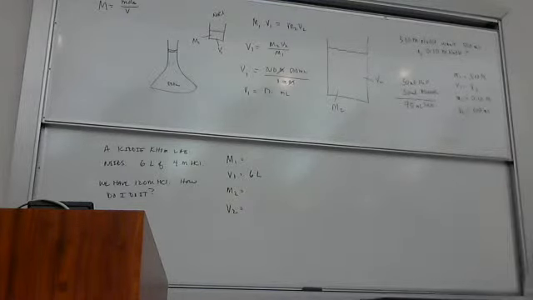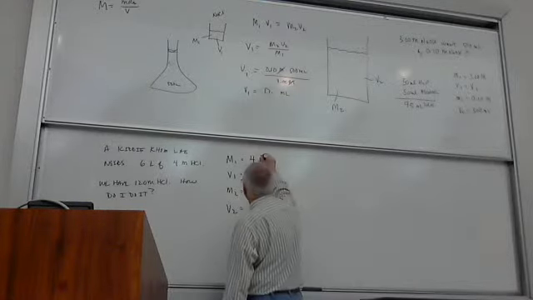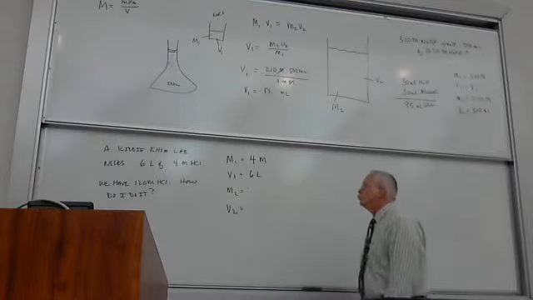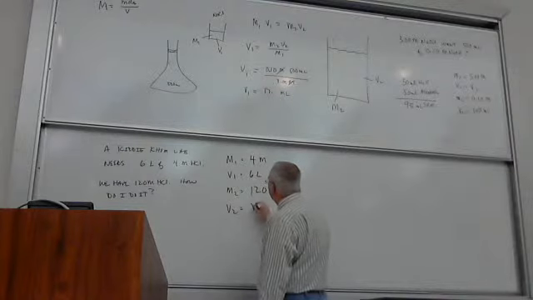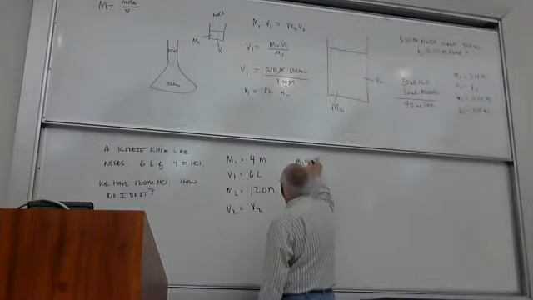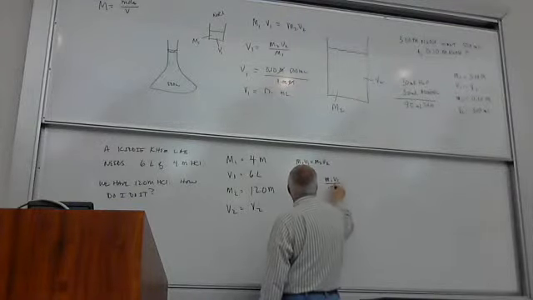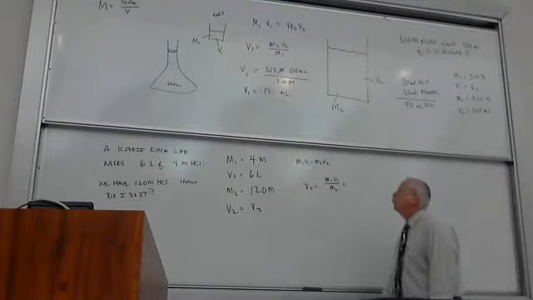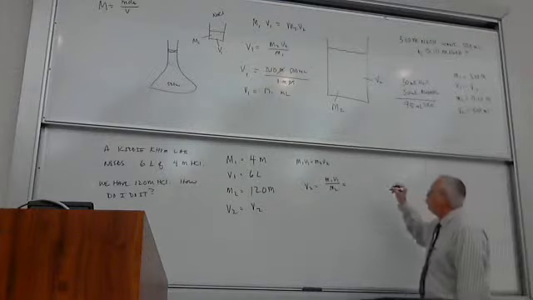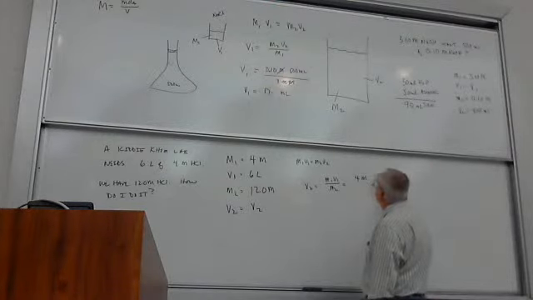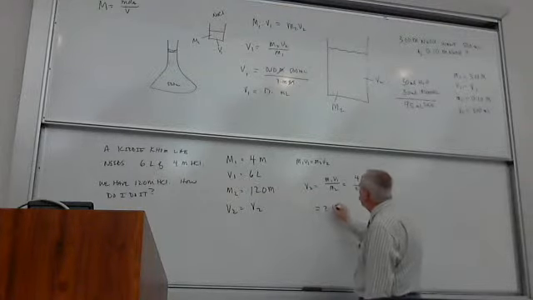Concentration. M1 or M2? Doesn't matter. Yep, gotta be M1. We have 12 molar HCl, M2. So I'm looking for V2. So M1 V1 is equal to M2 V2. So V2 must be equal to M1 V1 over M2. Can I put in the numbers? Yes. M1 is 4 molar, V1 is 6 liters, over 12 molar. So it looks like 2 liters.